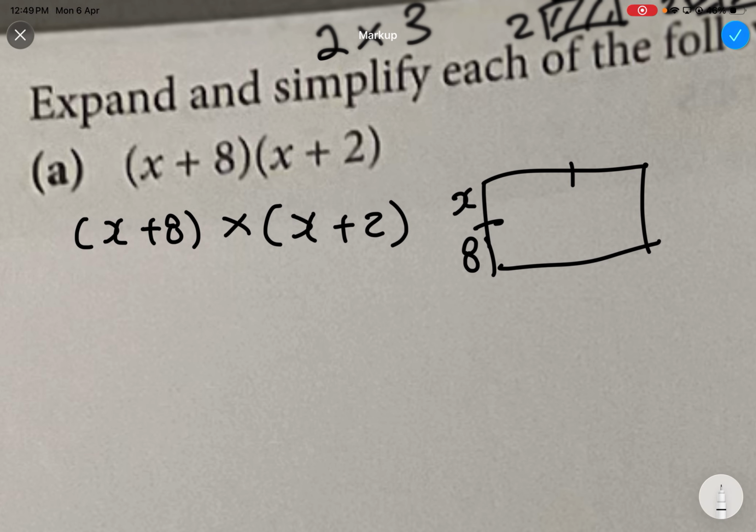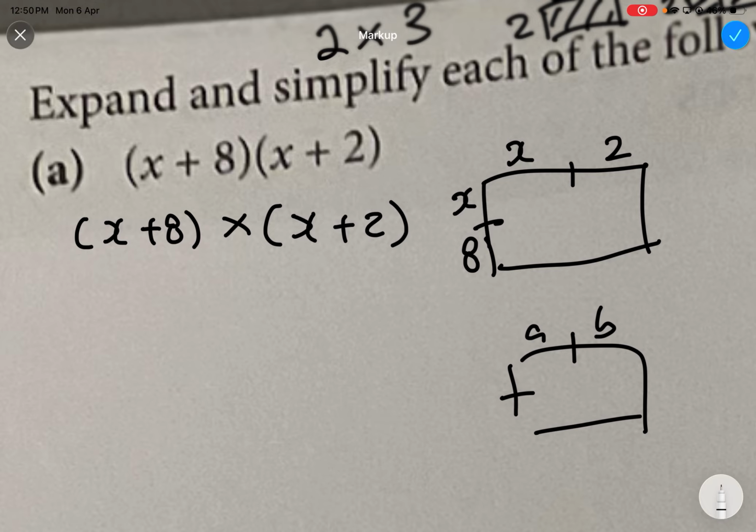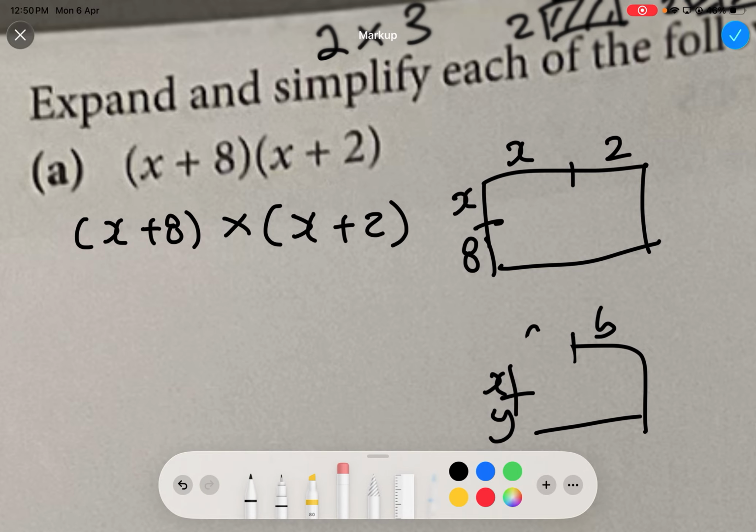Then on the other side, this length is x, this length is 2, so I will have x plus 2. And this one is x plus 8 altogether. We have gone through this before. The last time I showed you this, I used a plus b, x plus y, then we are multiplying all this together. Okay? How come everyone forgot already?